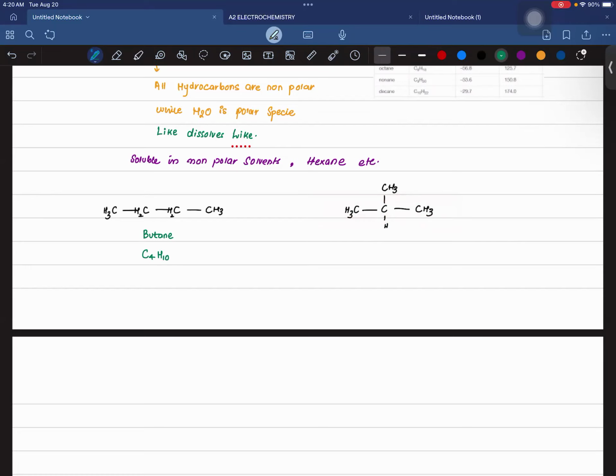It has made 1 bond already, so I need to write 3 more. That's why I have written CH3 and CH3; H3C and CH3 are the same thing. So you have to select the long carbon chain, then select the branch, and then number it.